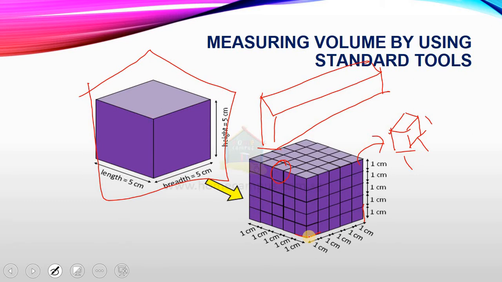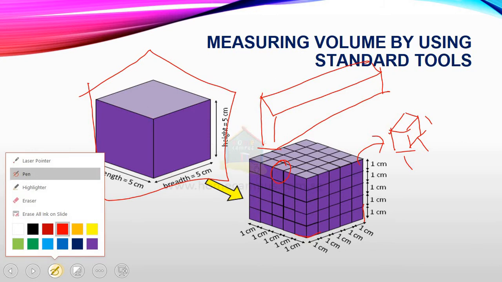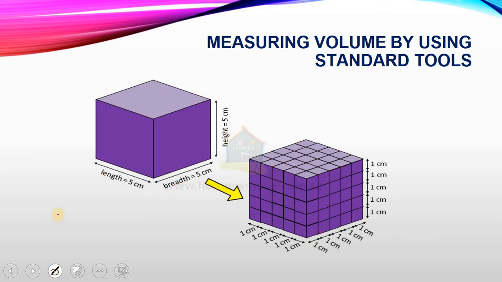So how do you measure the volume of this box? Using smaller boxes ataupun smaller cubes. So we have here 1, 2, 3, 4, 5, 6, 7, 8, 9, 10, 11, 12, 13, 14, 15, 16, 17, 18, 19, 20, 21, 22, 23, 24, 25.